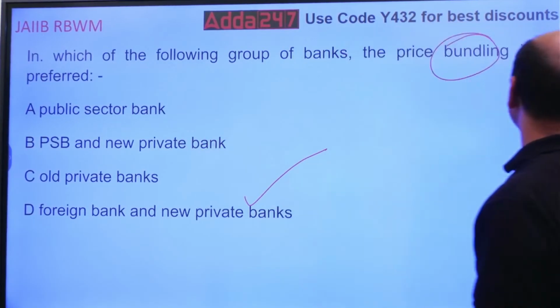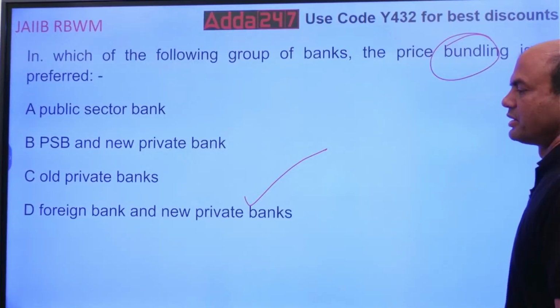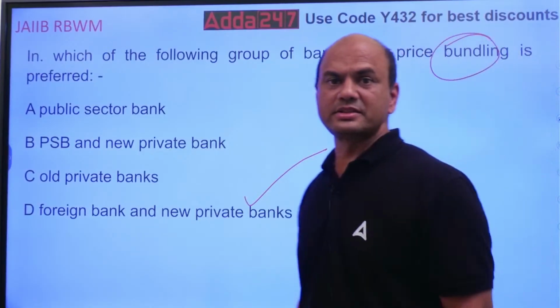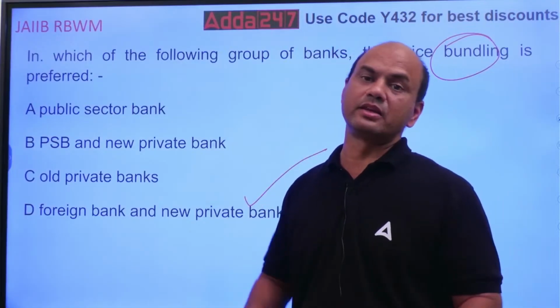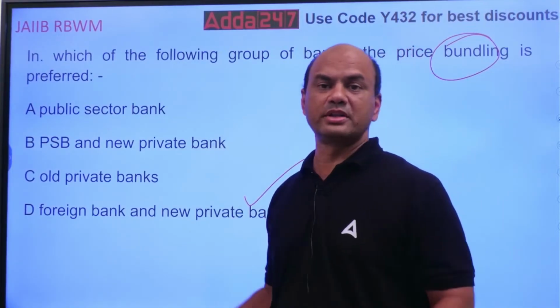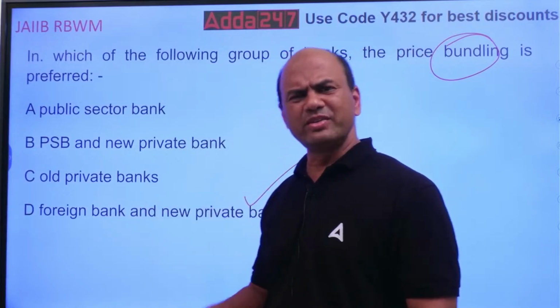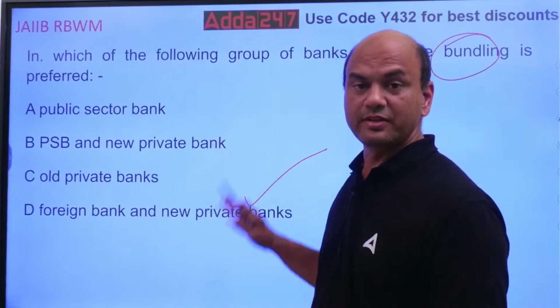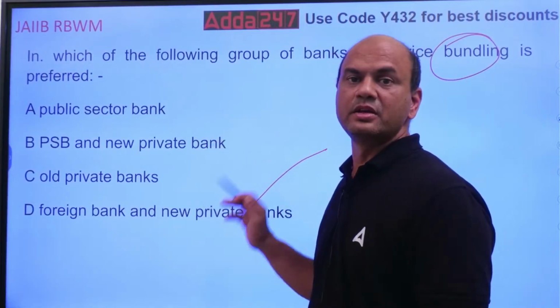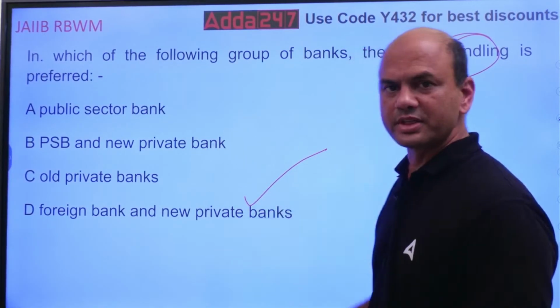Generally for corporate customers, if they have a current account or some other relations, the loans are given at lower rates because banks look at overall profitability. Even public sector banks do the same thing now, but I am talking of these options. If these options are given, then this.